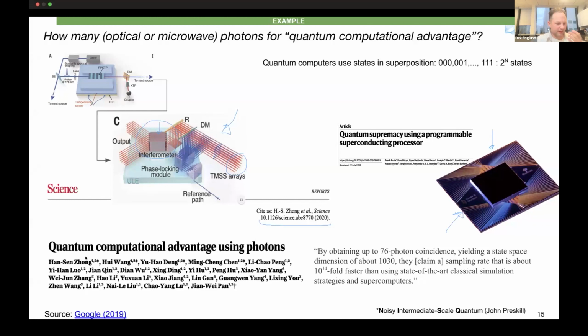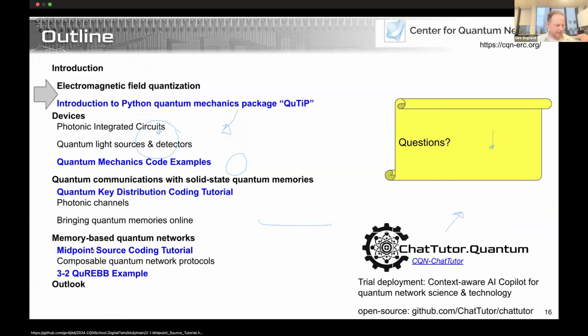Okay, so what we've talked about thus far is the basis for really understanding the core of the present state of the art in quantum information experiments, for sampling experiments.